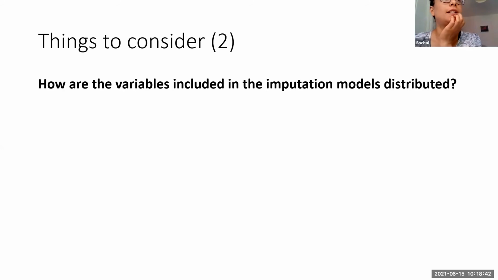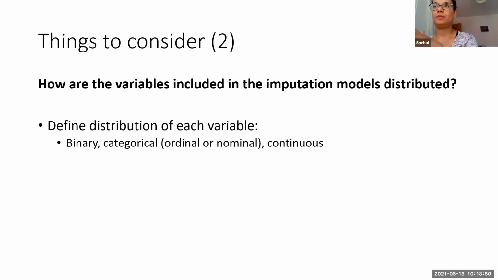The other thing to consider is how are your variables in your imputation models distributed? You're going to have to tell that to your stats program. And your variables are either binary, categorical, or continuous. So a binary variable is straightforward. It's, for example, yes, no, male, female, that sort of thing. Categorical variables can be further subdivided into ordinal or nominal.